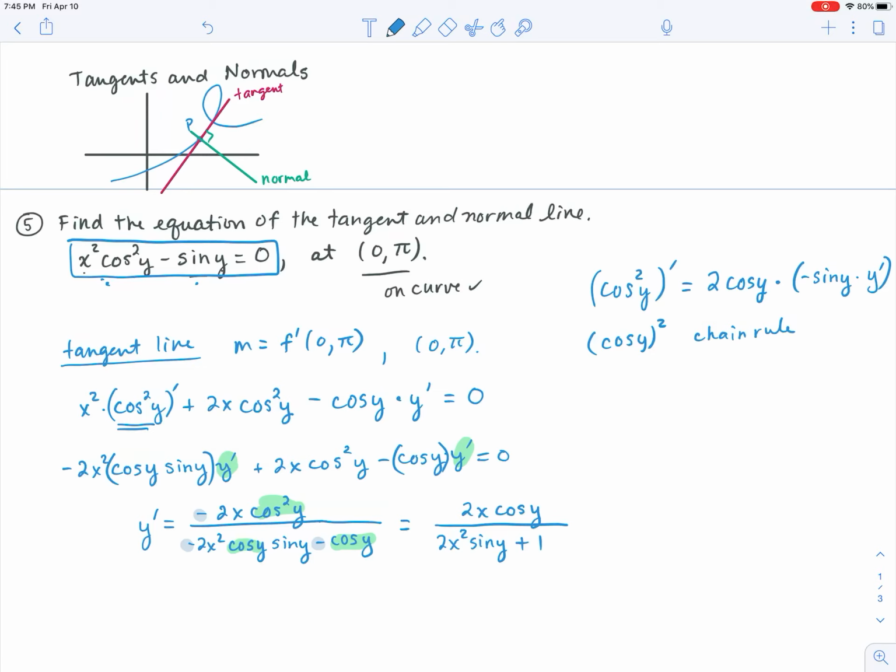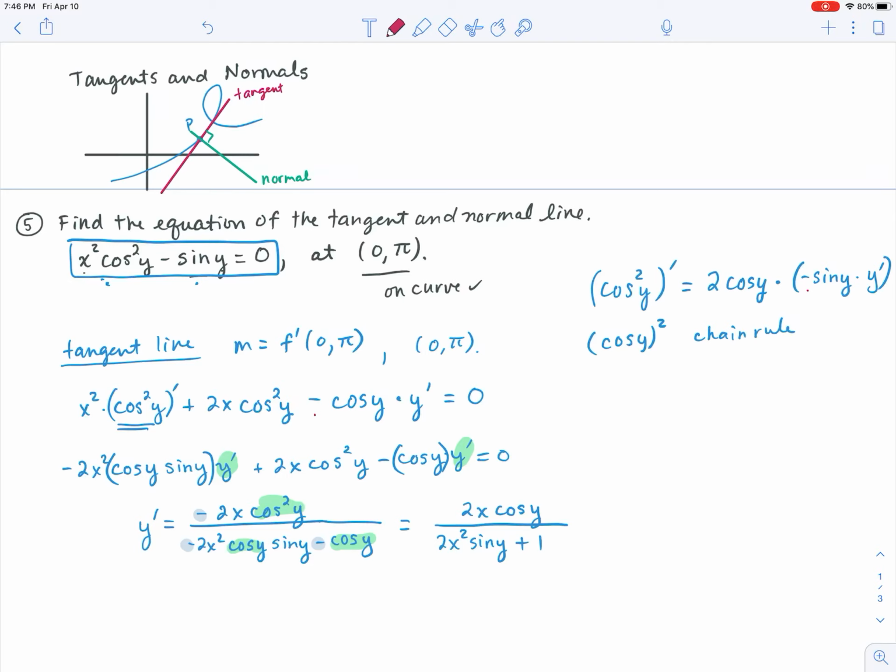According to my notes, it's supposed to be a negative 2x in the numerator. I don't think so, but you can correct me if I'm wrong. I think I was careful enough. I know this negative up here is coming from the derivative of cosine, so that is fine, and I don't see anywhere else where that might not be right.